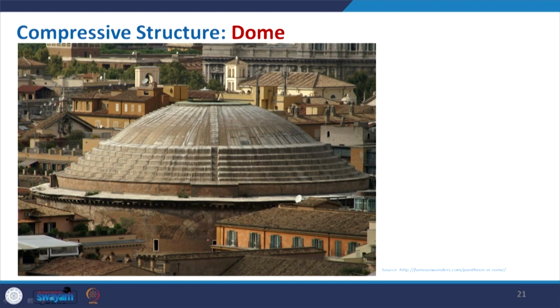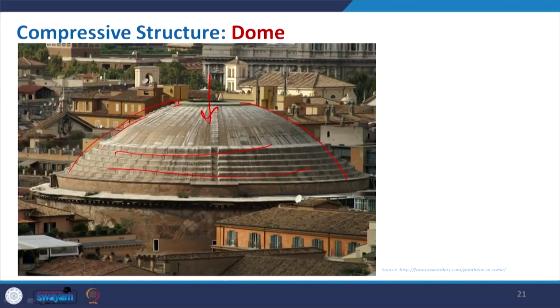So, this is the Pantheon from Rome. If you see it from outside, again it gives this particular form of the dome, which was constructed using some good framework, and concrete was used to make this dome. This is again another good example of a compressive structure.